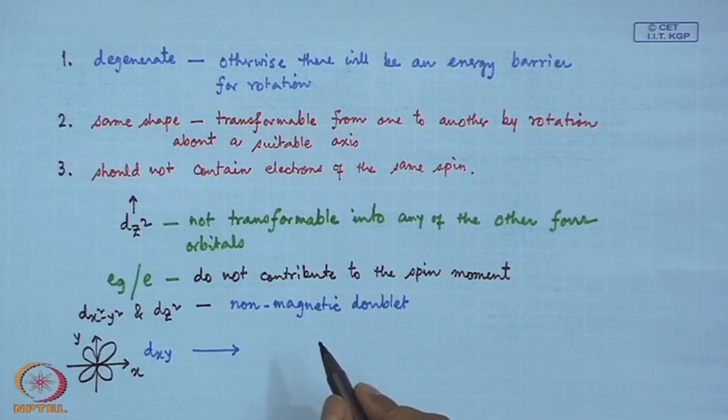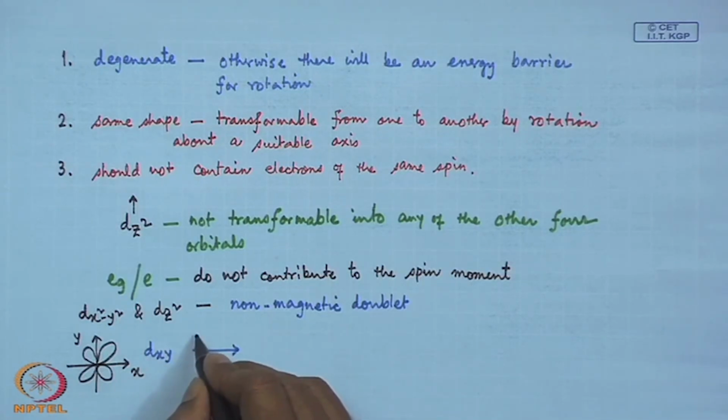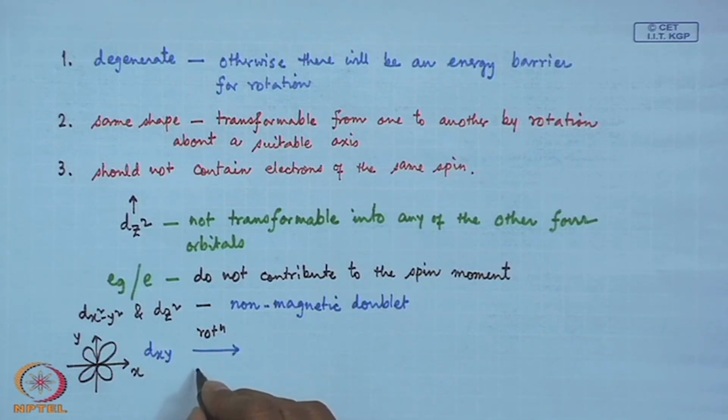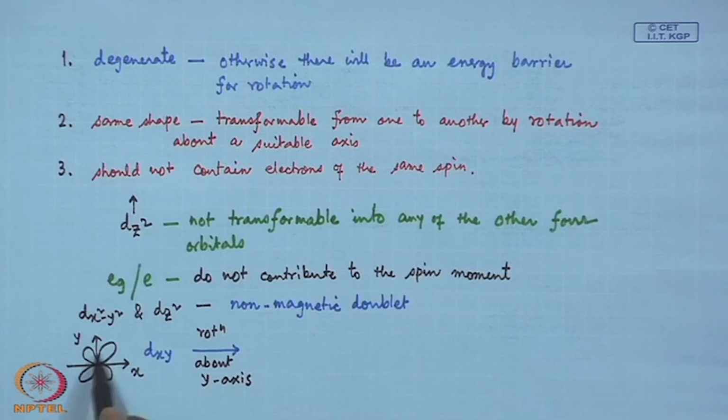Shape of this dxy orbital is like this, and if we rotate about the y axis, so about the y axis we rotate this orbital. So, it can go from this, it is not moving from this x plane.